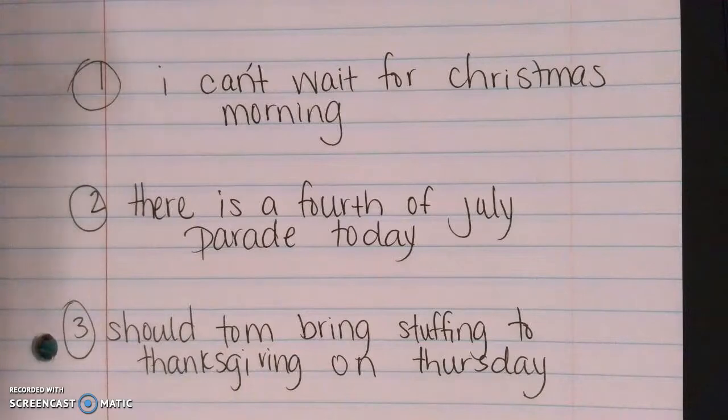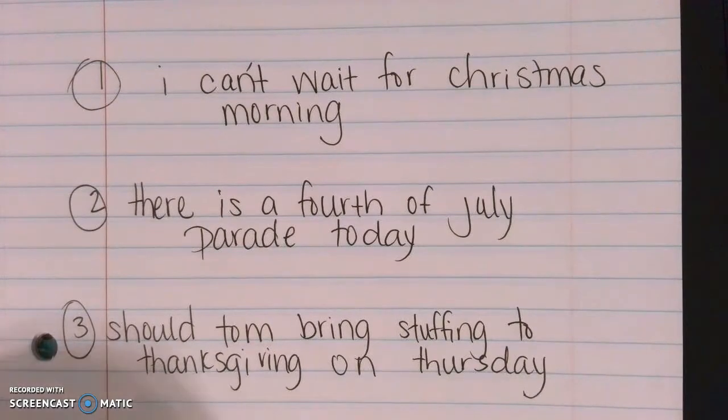I would like for you to rewrite these sentences using correct capitalization and don't forget the punctuation. Pause the video, write all 3, and then I'll show you what's right. The goal is for you to get 2 out of these 3 correct. But if you're great, you'll get 3 out of 3 correct.